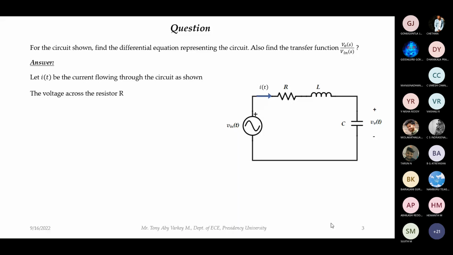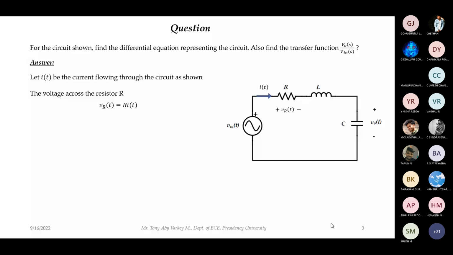So VR of t will be developed across the resistor in this particular polarity, because current is entering the left terminal of the resistor. So VR of t is equal to R into I of t.